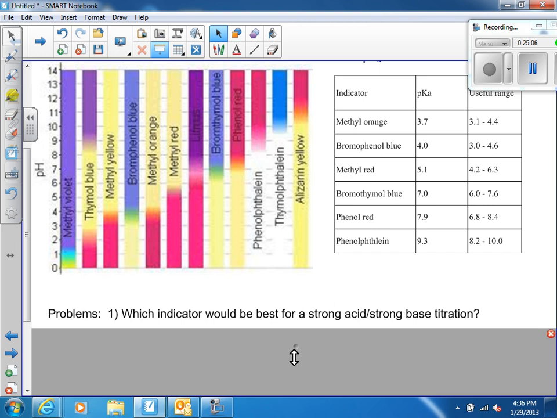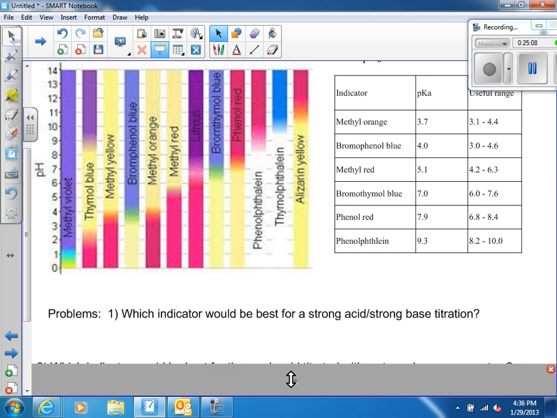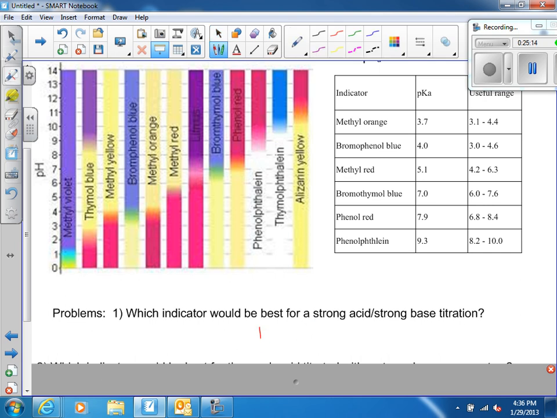So you want an indicator whose pKa is 7, and that would be bromothymol blue, because its pKa is 7.